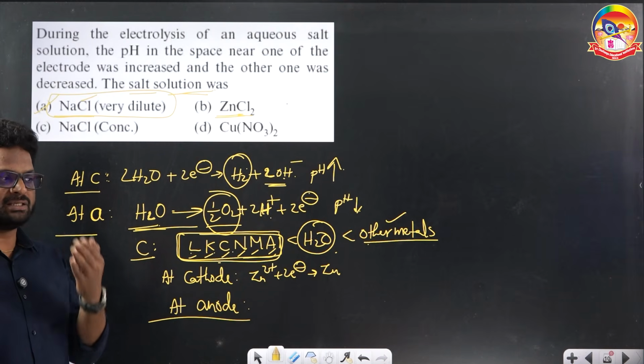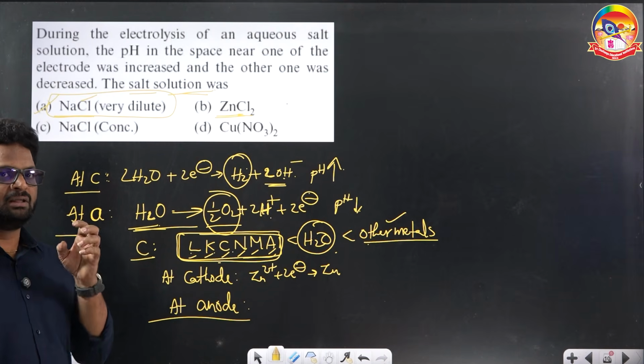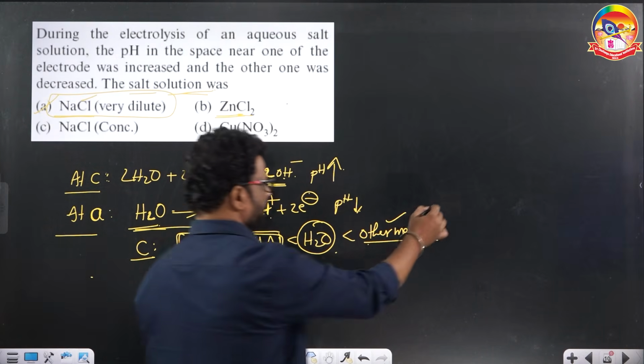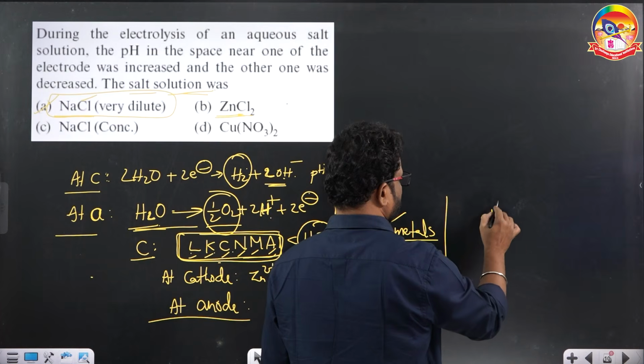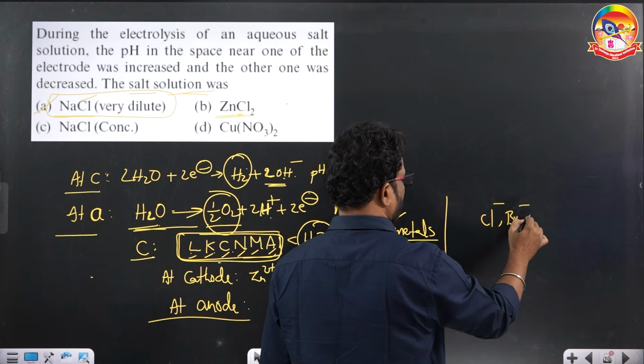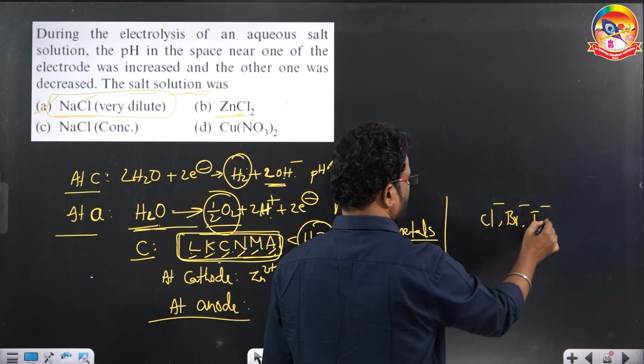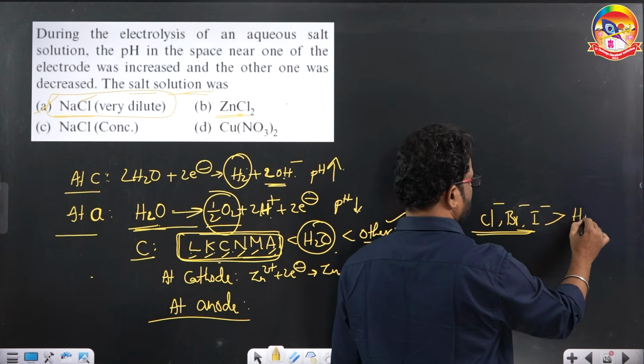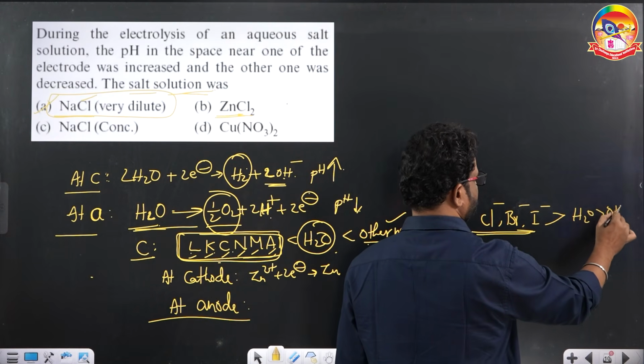If any other ion like sulfate, nitrate, etc. is present, then water can undergo oxidation easily. So for the anodic reaction, Cl-, Br-, I- have more tendency to undergo oxidation, next water, next other ions.